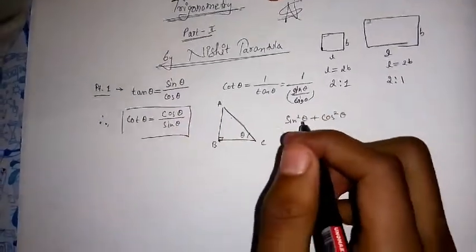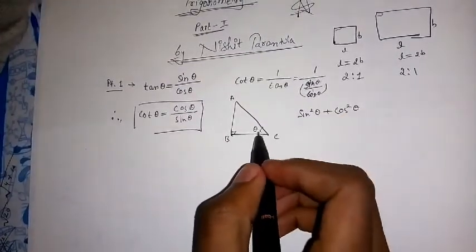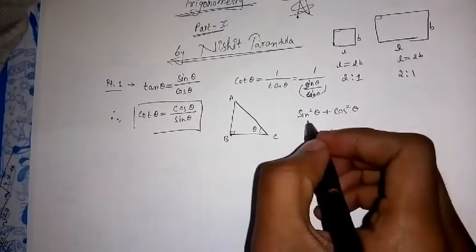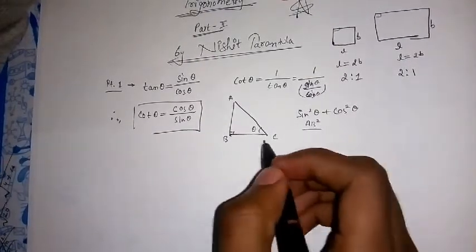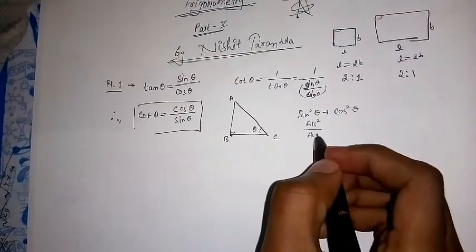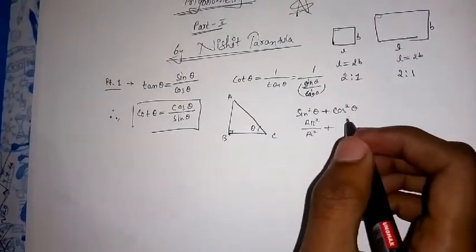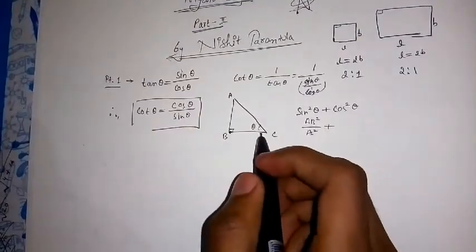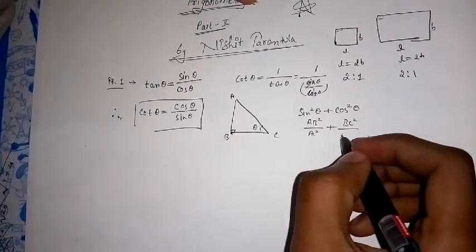Let's find it out. We know that sine theta is opposite over hypotenuse, so sine squared theta will be AB square over hypotenuse AC square, plus cosine squared theta, and we know that cos theta is adjacent over hypotenuse, so it will be BC square over AC square.